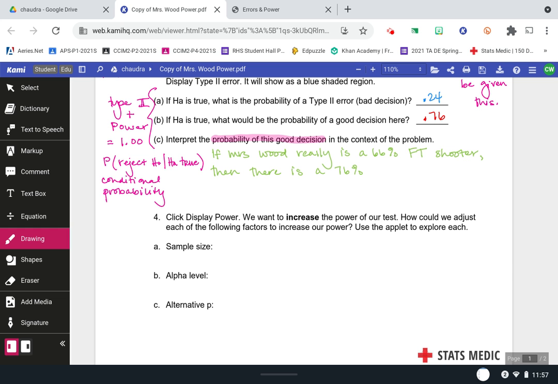there is a 76% probability, that's the power of our test, that we would correctly decide that Mrs. Wood is less than an 80% free throw shooter.